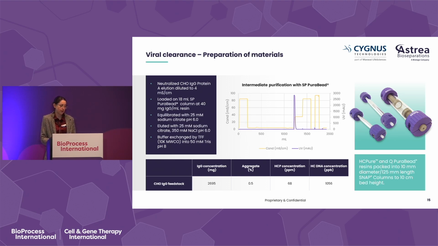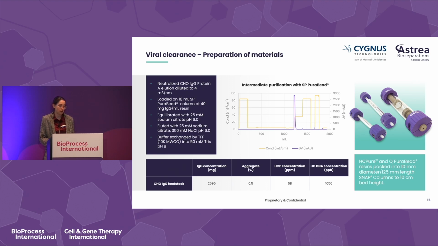So what we did was we took the CHO IgG that we purified off that GOR protein A column, and then we did an intermediate purification step with our SP cation exchange. This was in bind and elute mode on an 18 ml column packed into a SNAP column. We loaded at pH 6 and diluted the neutralized dilution to 4 millisiemens per centimeter.